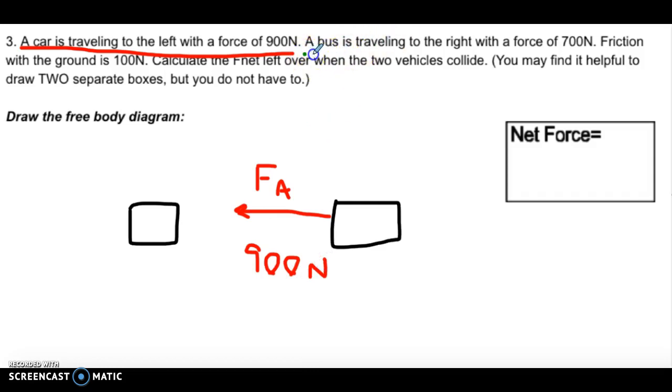And it says bus is traveling to the right with a force of 700 newtons. So right here we have 700 newtons, and that's also force applied.